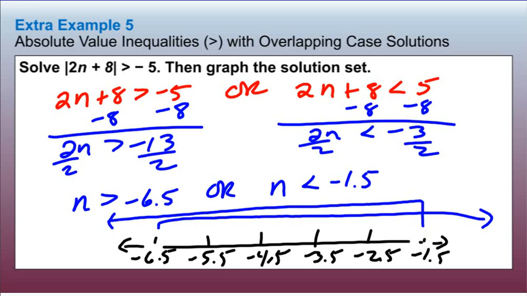We just know that it can be in all directions, so it would be all real numbers. Because again, the absolute value is greater than a negative number. Any number you put in for n is going to give you a solution that's bigger than a negative number. So this would be all real numbers as well. So that is our lesson on solving absolute value inequalities.